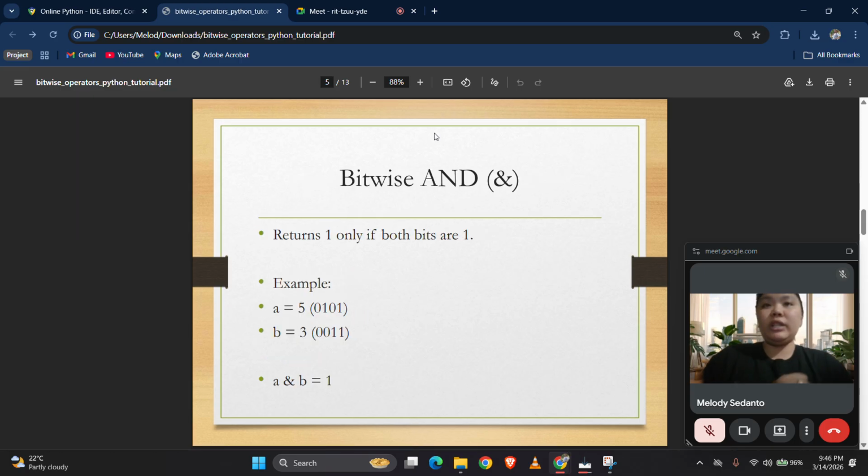When we use bitwise AND, it returns 1 only if both bits are 1. For example, we have A equivalent to 5, which is 0101, and B is equivalent to 3, which is 0011. So the result of A AND B is 1. So let's do this.